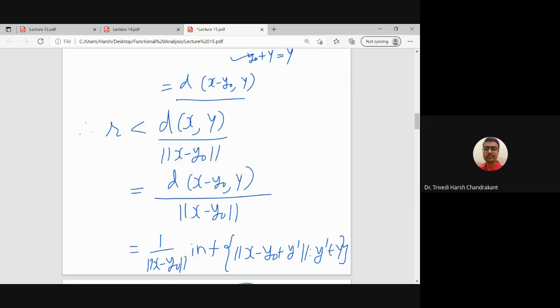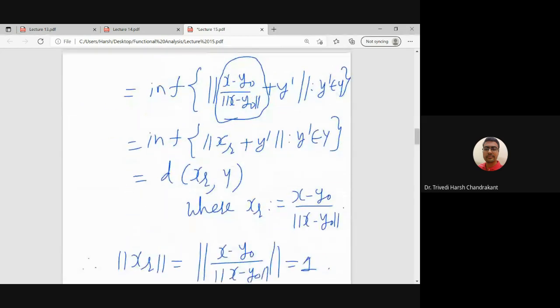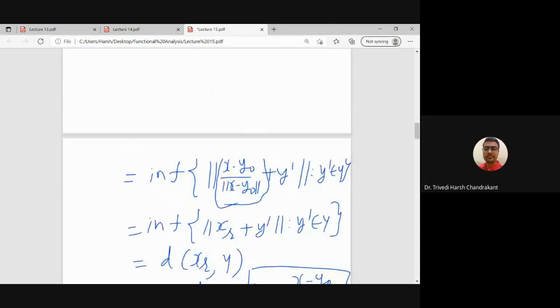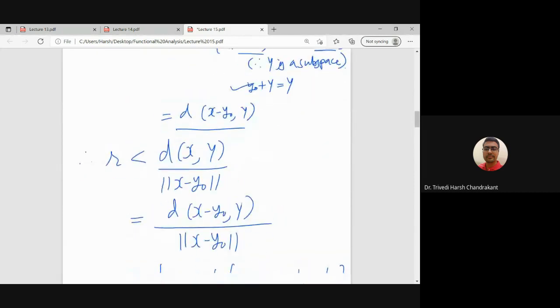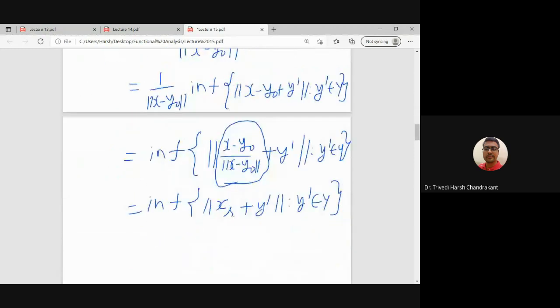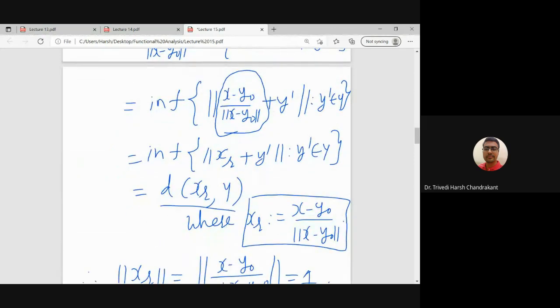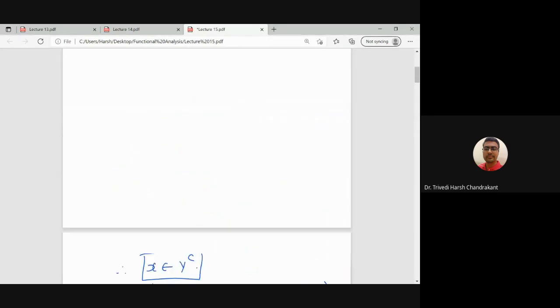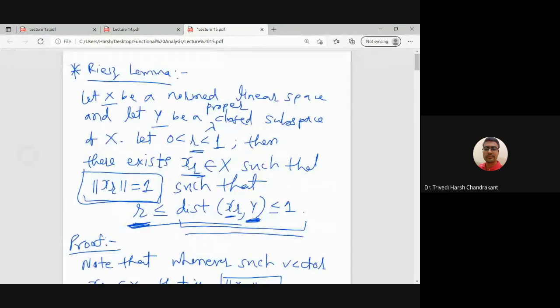Then we can take the norm inside the infimum, so that is exactly the element x_r. So now we have found the element whose norm is 1 and r is strictly less than this. In the statement we say less than or equals to, but we are actually proving it is strictly less than.